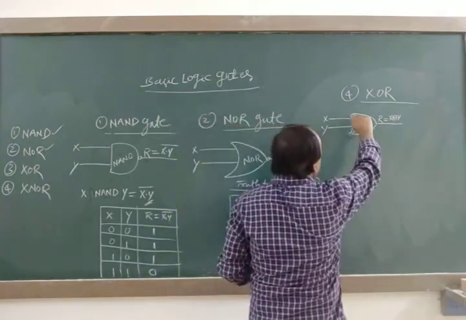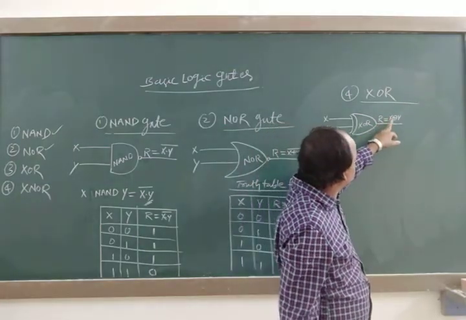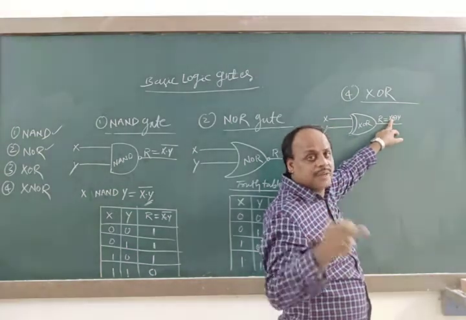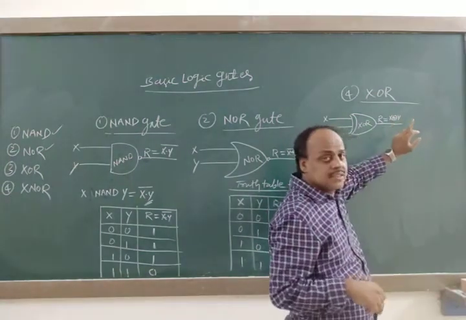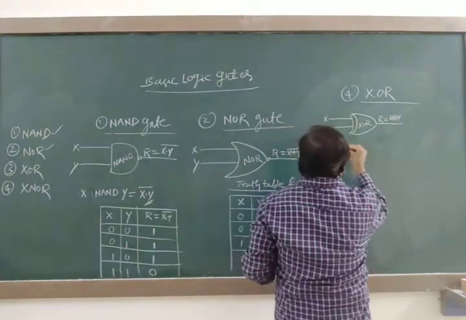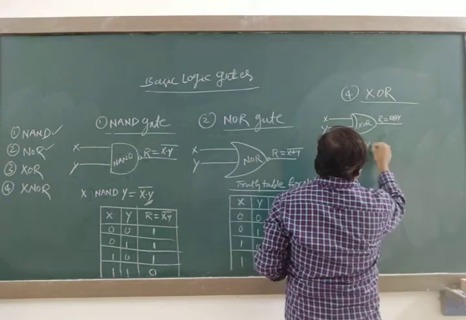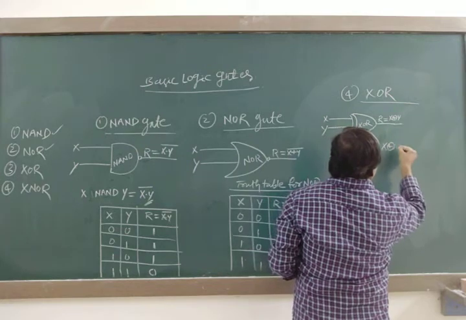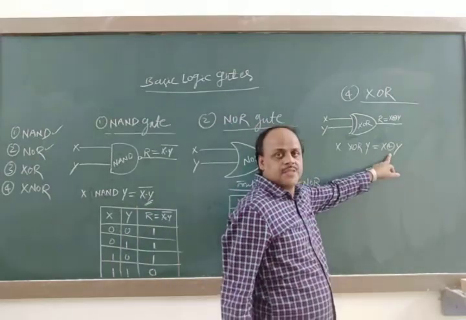For the OR gate, we draw another curve here, then it becomes the XOR gate. The OR gate means X plus Y, while the XOR gate means X plus over circle Y. This plus over circle indicates the exclusive OR operation. So X XOR Y can be written as X plus over circle Y. Like this we can write the XOR expression.